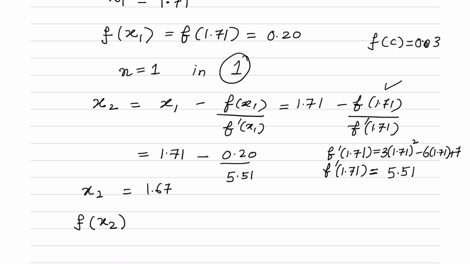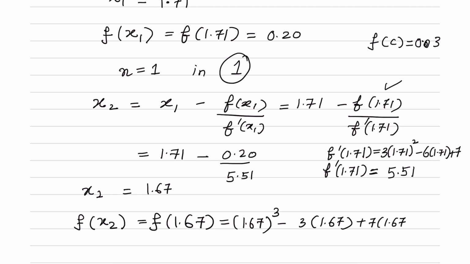Every time we find an x, we plug it in the function to see if we got the right number of zeros on the right of the decimal. So we calculate f of 1.67. We have the function as x cube minus 3x squared plus 7x minus 8, and in the places of x we put 1.67, and we have 1.67 cube minus 3 into 1.67 squared plus 7 into 1.67 minus 8.